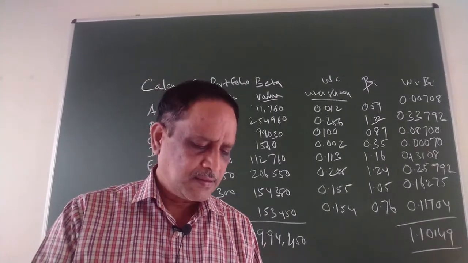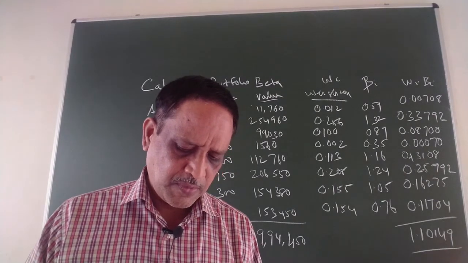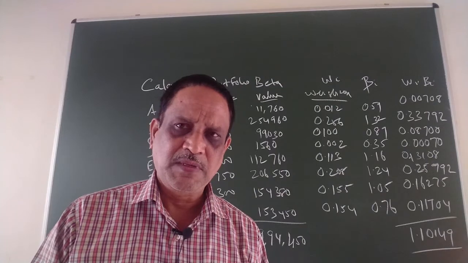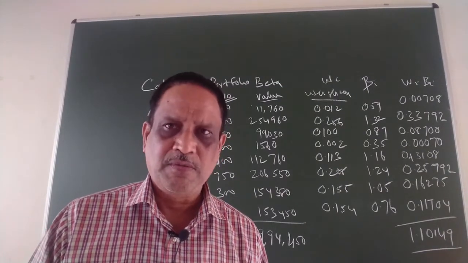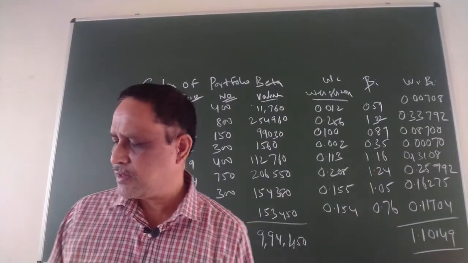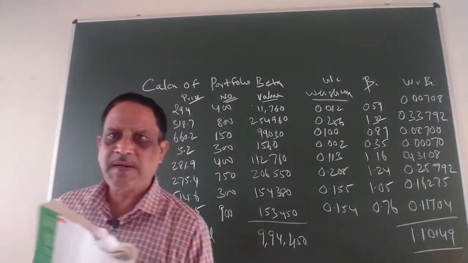Let us see the second question, how to calculate the portfolio beta. The first step for doing this problem is we need to know the portfolio beta. I have done it on the board, as you can see. Let me explain that to you.